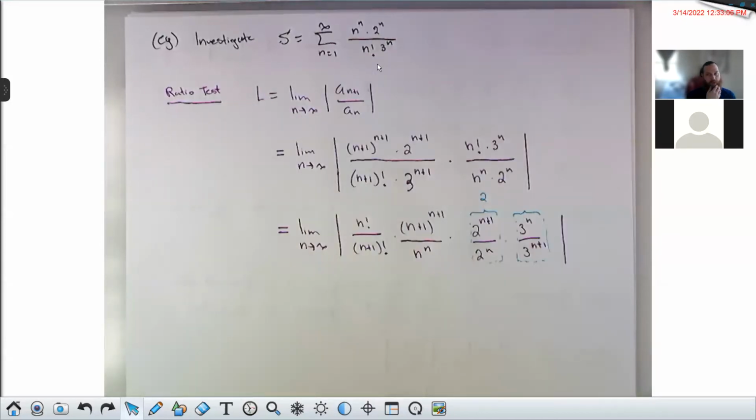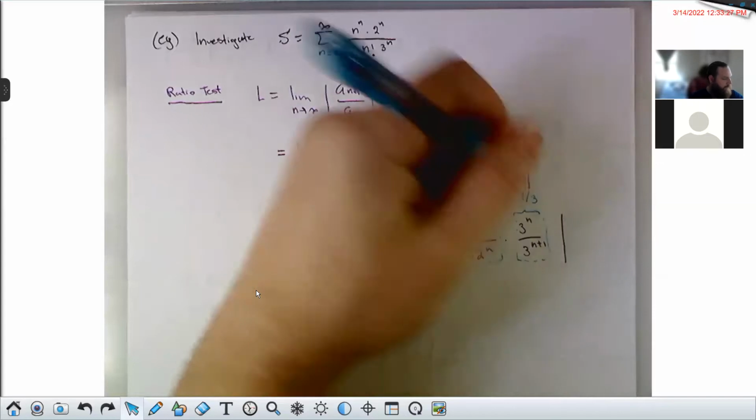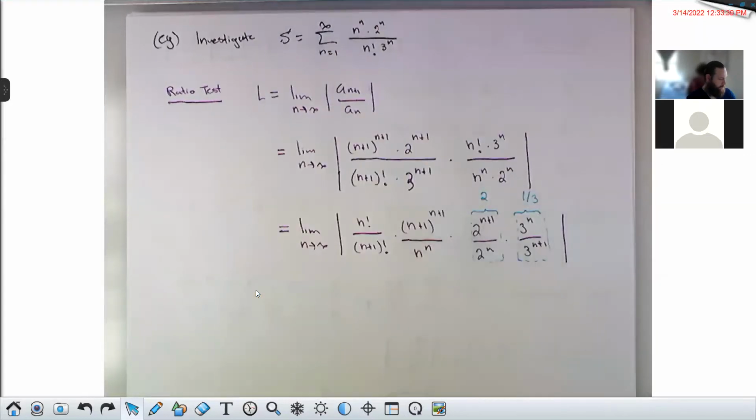What about 3 to the n over 3 to the n plus 1? What if there's one extra 3 downstairs? Very good. That's 1/3. So there's a 2 times 1/3. That's 2/3.